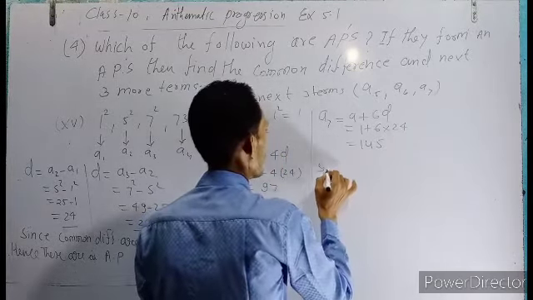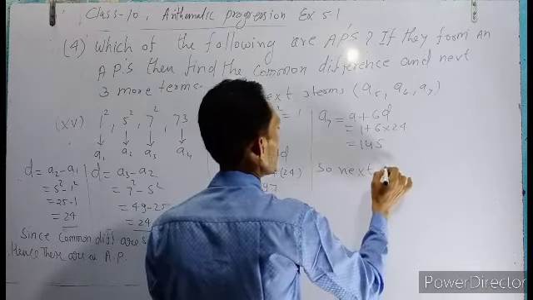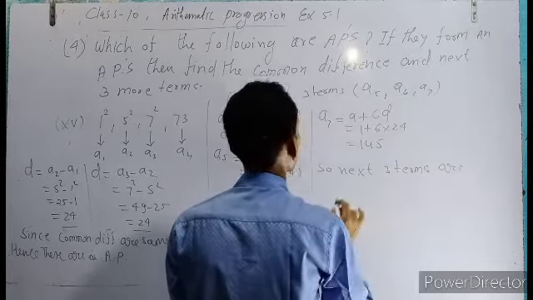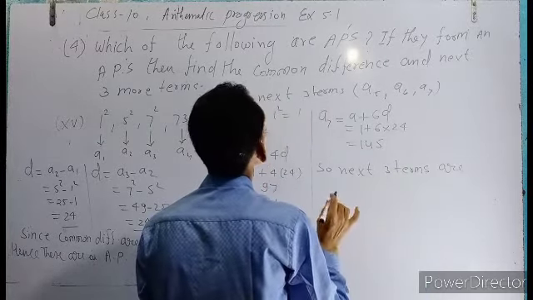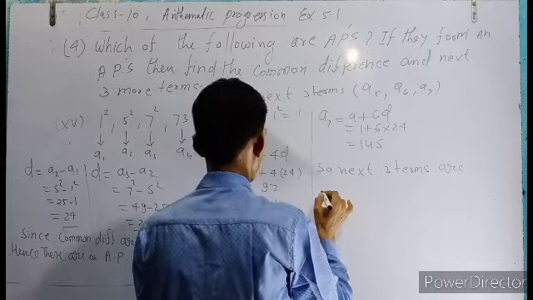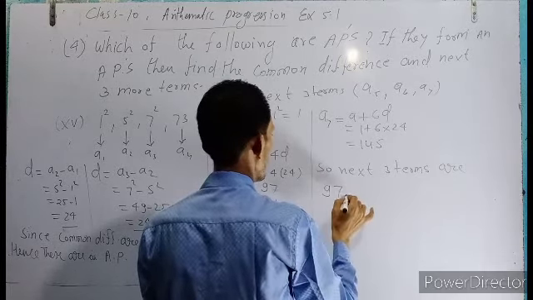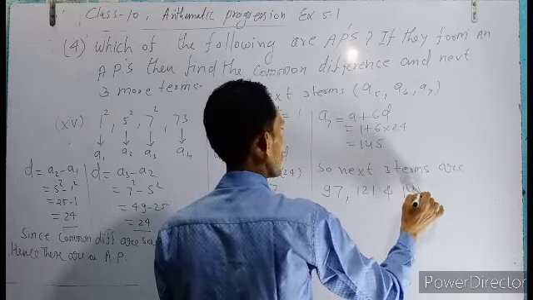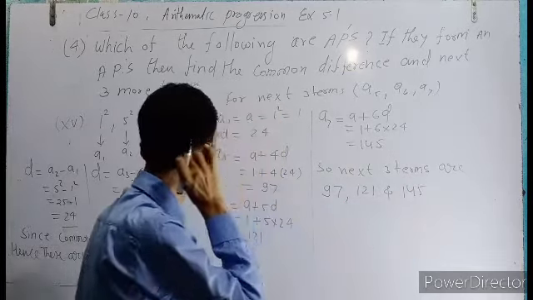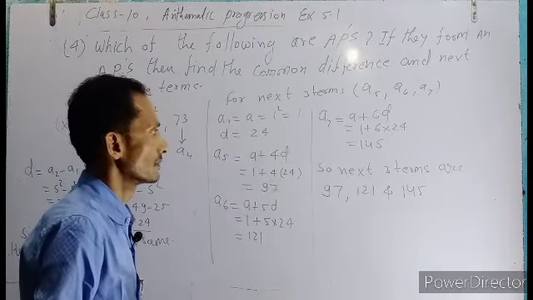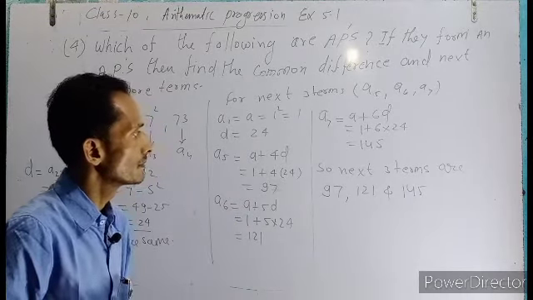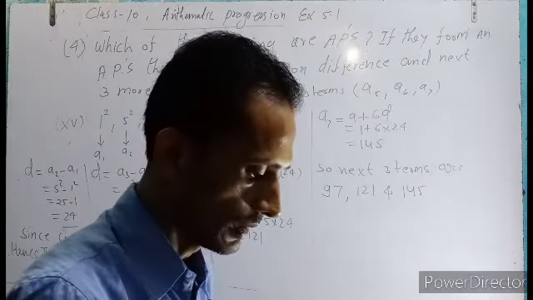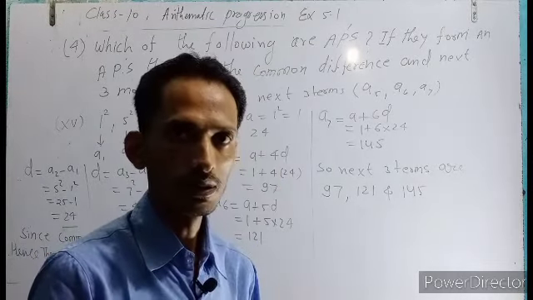So the next three terms are 97, 121 and 145. Okay, these are all about the first exercise. Next time I will discuss more about the second exercise.